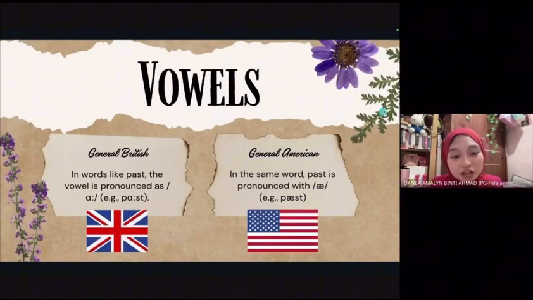In General British, in words like pass, the vowel is pronounced with a long ah sound. However, in General American, the same word is pronounced with the short a. This can be the same case for tomato and tomato.